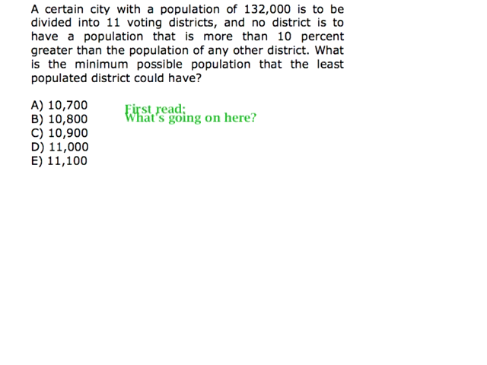You have 11 districts, and you want to minimize one district. So you want to basically make one district as desolate and as unpopulated as possible. You want to minimize the population of one district.